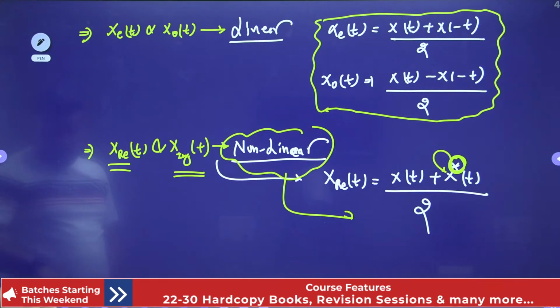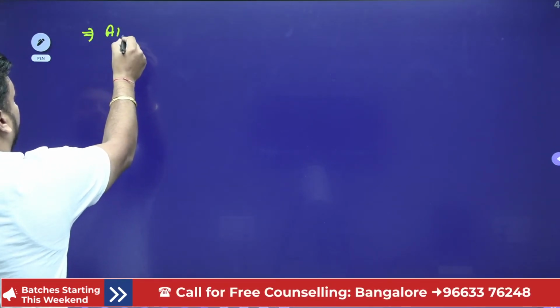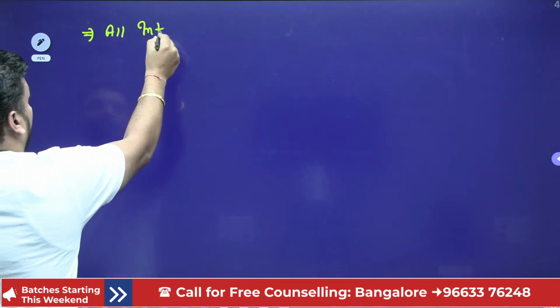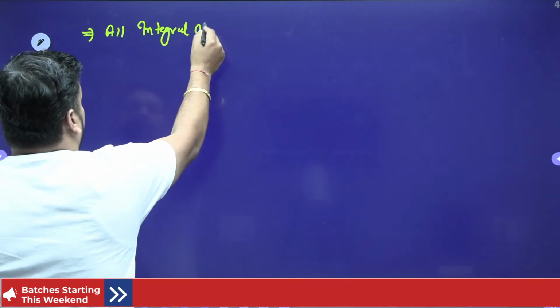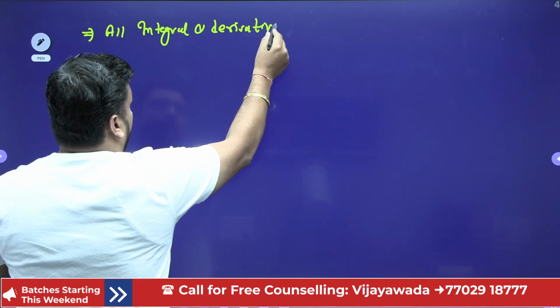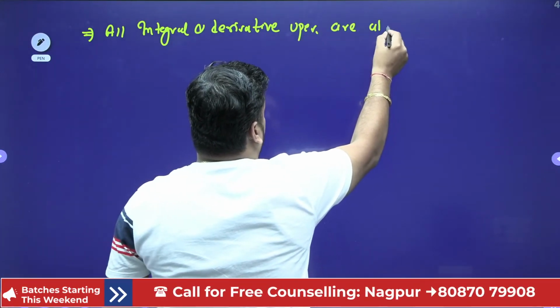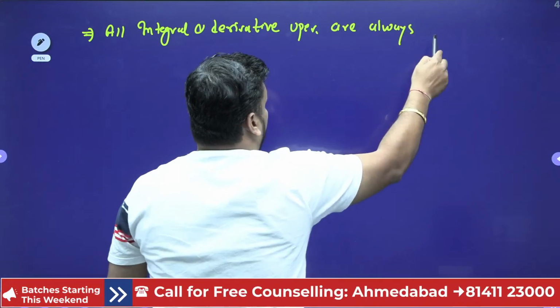So now the next is the linear non-linear property. Now you can say next: all integral and derivative operations are always linear.